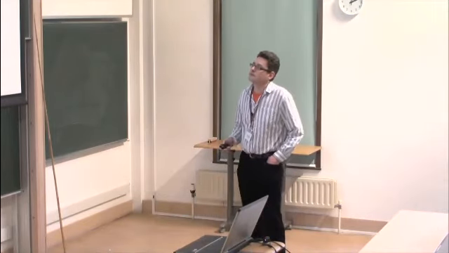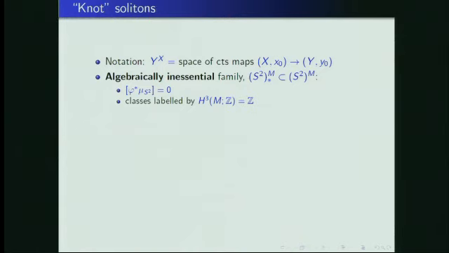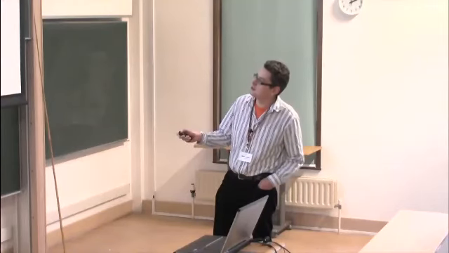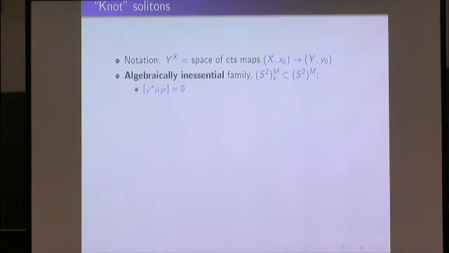If you remember what the theorem said, within the alpha family, the classes are labelled by this. If alpha is 0, they're just labelled by H3. So the homotopy classes in the algebraically inessential family are just labelled by H3 of M3. Since we're in a compact oriented 3-manifold, that's just the integers. So there is just an integer topological invariant, at least for algebraically inessential maps.